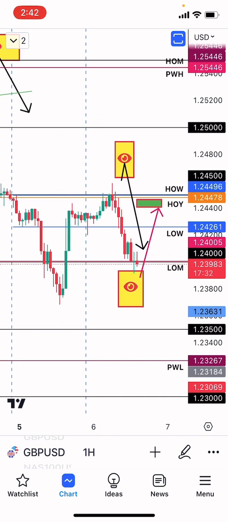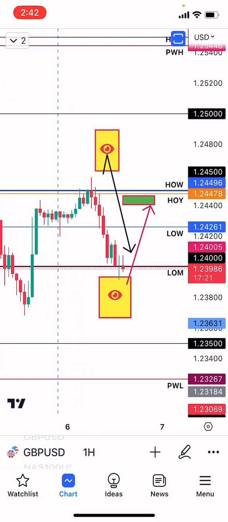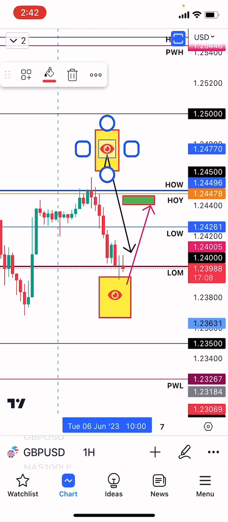All right, so in anticipation of the fact that price can drop down into the area of interest on the 4 hours time frame, I mapped out this area on the 1 hour as a likely area where price can drop from. But as you can see, price failed to get to this area today.